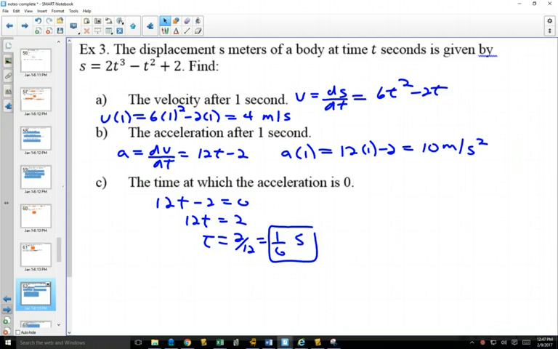If I'm going this way, I'm accelerating. If I stop and I start going backwards, my acceleration went from going forwards positive to going backwards. So I'm changing directions at that point.